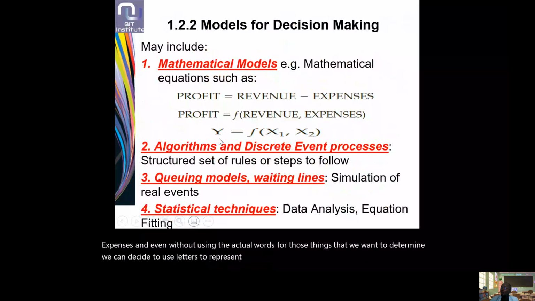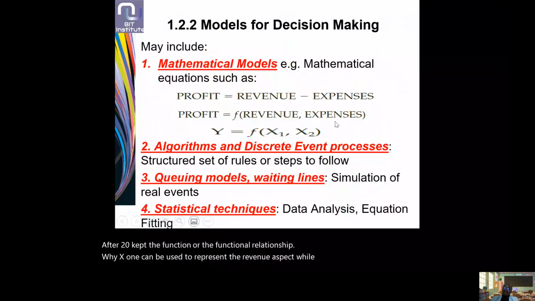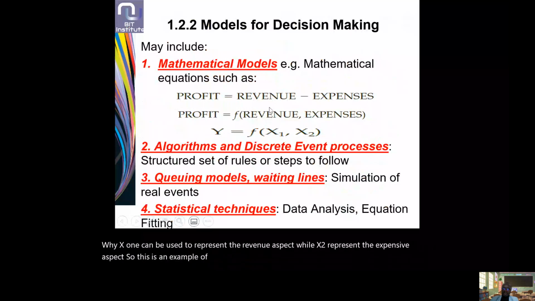For instance, we can use Y to represent profit, F to indicate the function or the functional relationship, while X1 can be used to represent the revenue aspect, while X2 to represent the expenses aspect. So this is an example of a mathematical model, and we'll see many of them as we go on.